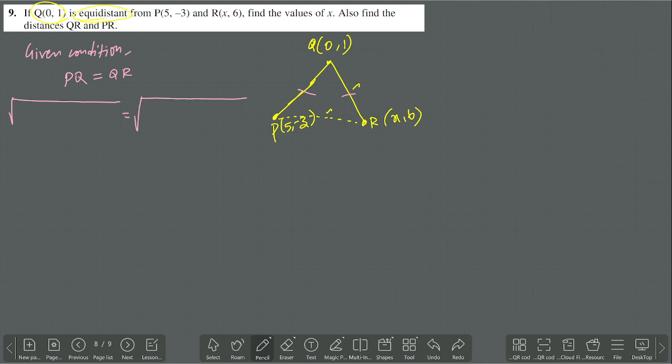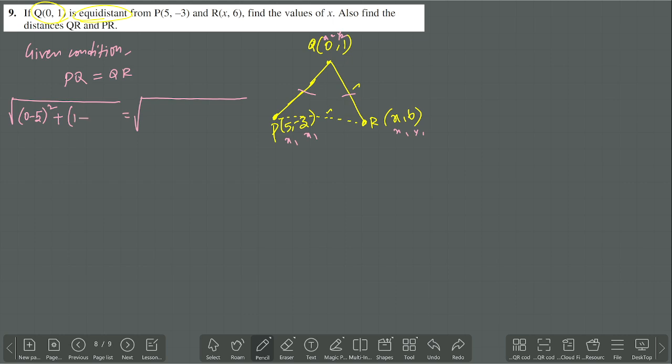Okay. Right. The P point, this I will take as x2, y2. Here I am giving x1, y1. When I take the PQ points, you want to see. In PQ, what is x2? 0. What is x1? 5, whole square, plus. What is y2? 1.